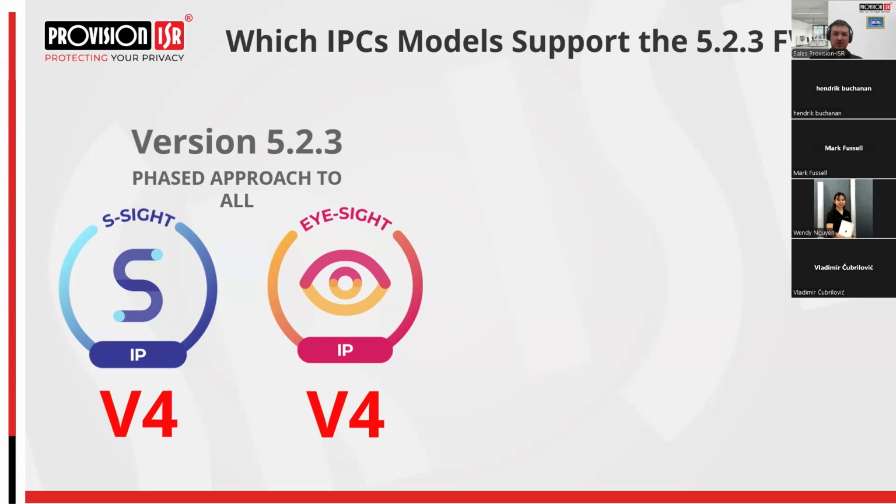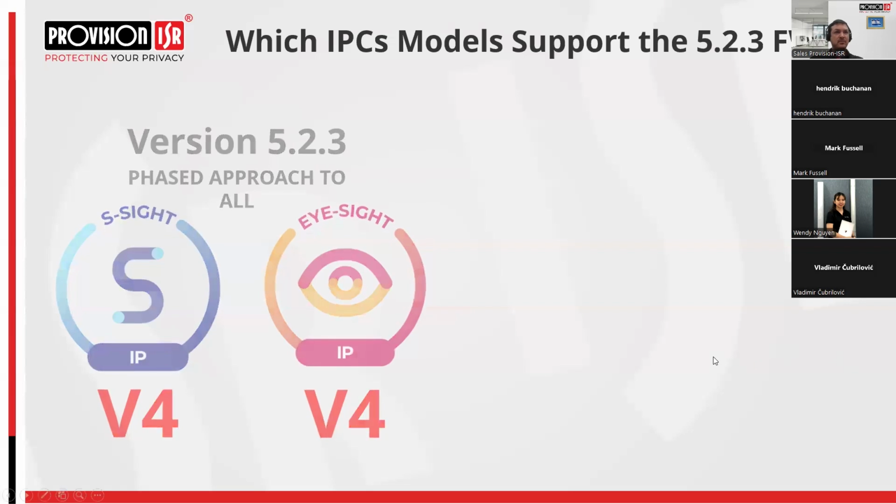However, please note that the rollout will occur in phases, so not every model of v4 is going to have it straight off the bat. In the following video, I will provide you a list of models for which this firmware is already available today. But for now, we'll just note that it's going to be rolled out in phases.